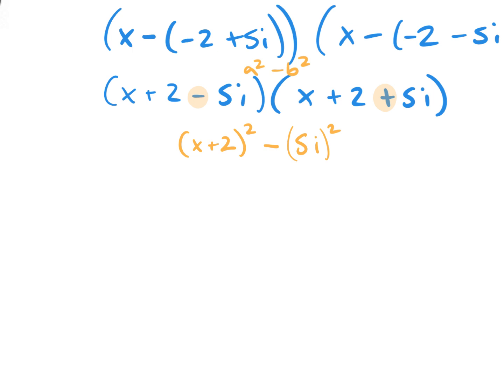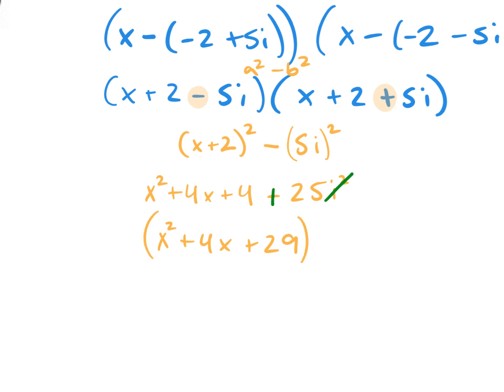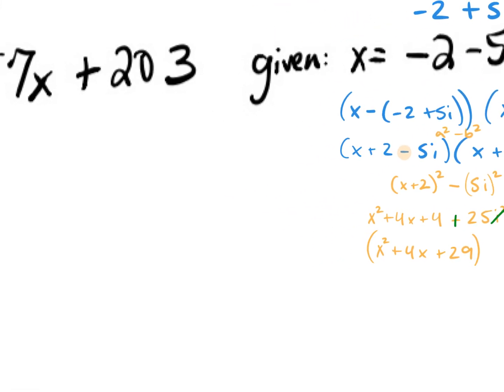So when we FOIL out x plus 2 squared, we get x squared plus 4x plus 4 minus 25i squared. And what does i squared change to? Negative 1, so that makes it a plus 25. So we have x squared plus 4x plus 29. So this is a factor of my polynomial.